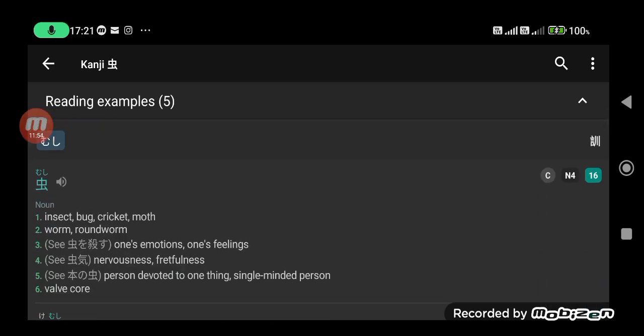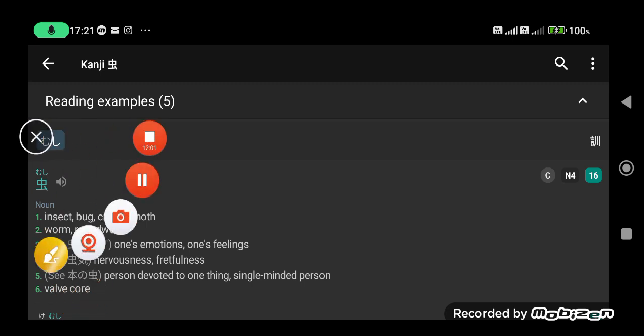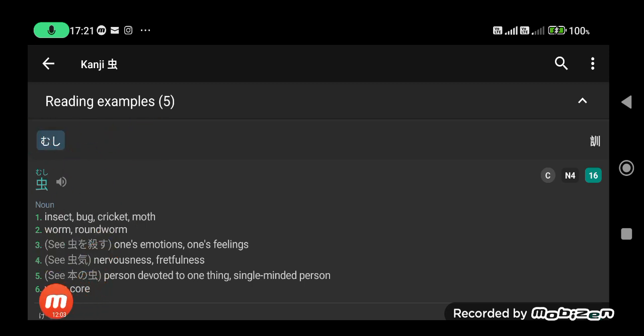And we have here mushi. Just like here, minasan, you see the gray font here, hon no mushi: person devoted to something, person devoted to one thing, single-minded person.